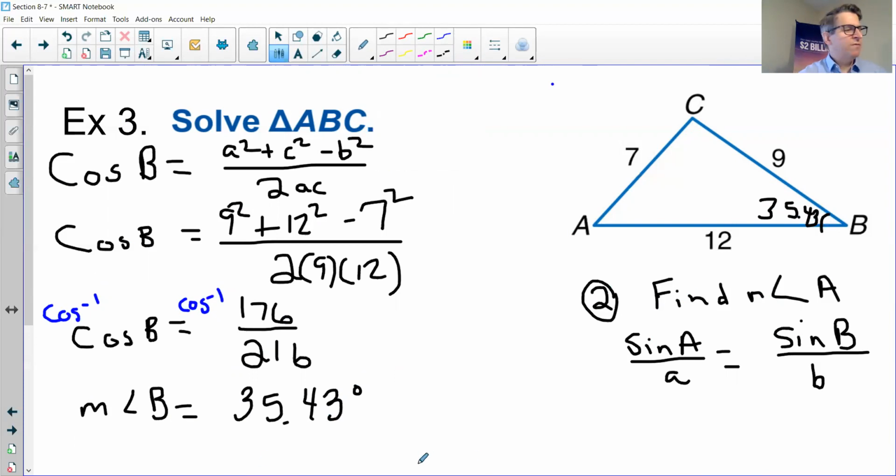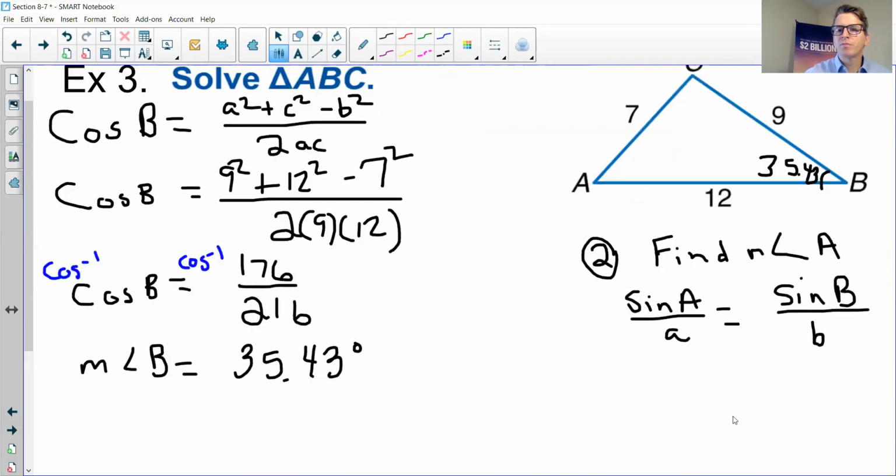Step 2, we're going to find the measure of angle A by using the law of sines. The sine of A over A is equal to the sine of B over B. So the sine of A over little a, which is 9, is equal to the sine of 35.43 over 7.